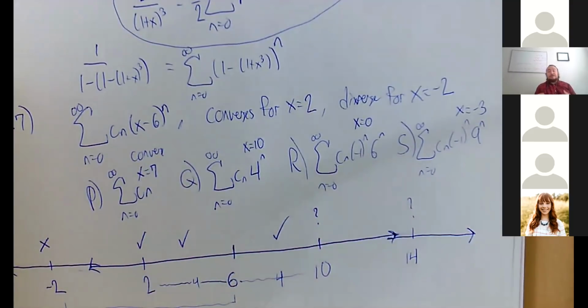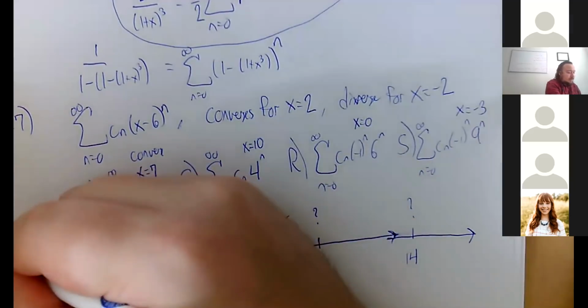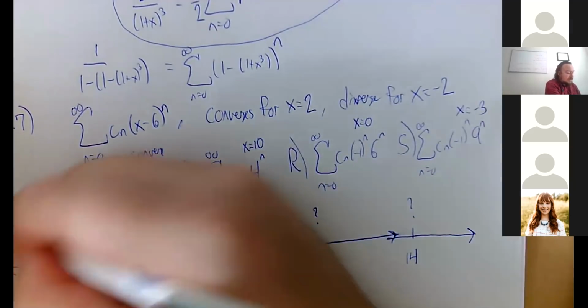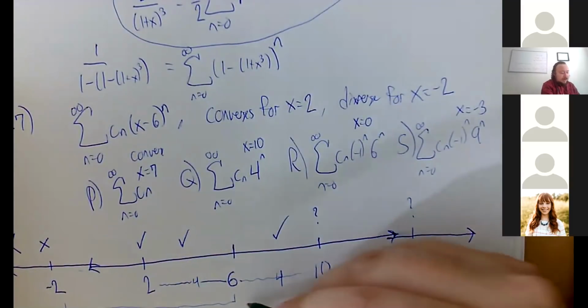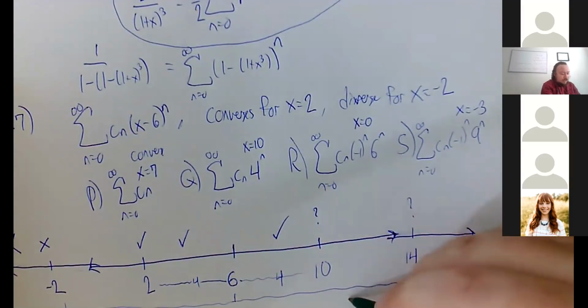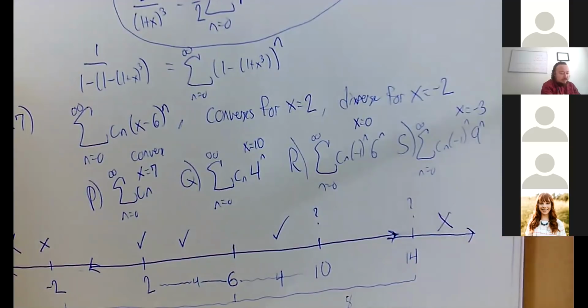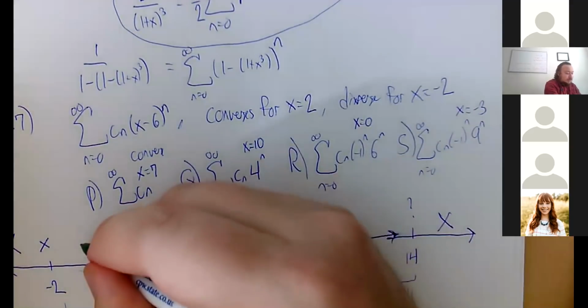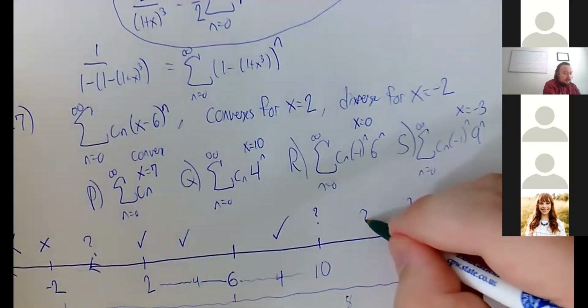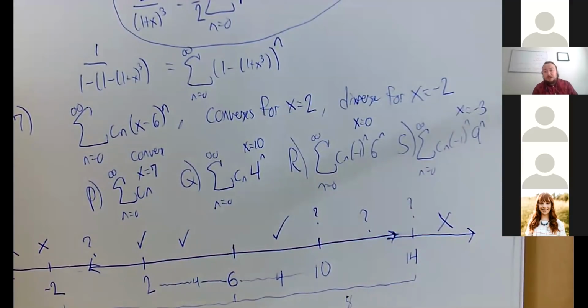Meaning that if I go any further than 8 out in any direction, then it's not even a matter of endpoints anymore. Then I'm definitely stepping into divergent territory. So anything to the left of -2 will diverge, and anything to the right of 14, which is 8 in this direction, will diverge. But everything else, everything in here and everything in here, this is all unknown.